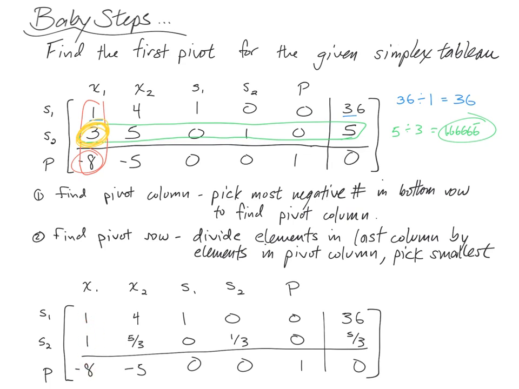This, also to bring back some vocabulary, would turn the entering variable into x sub 1. Again, here is our pivot. So x sub 1 would be our entering variable, and our exiting variable would be s sub 2, because you'll see why when we get into the process here.